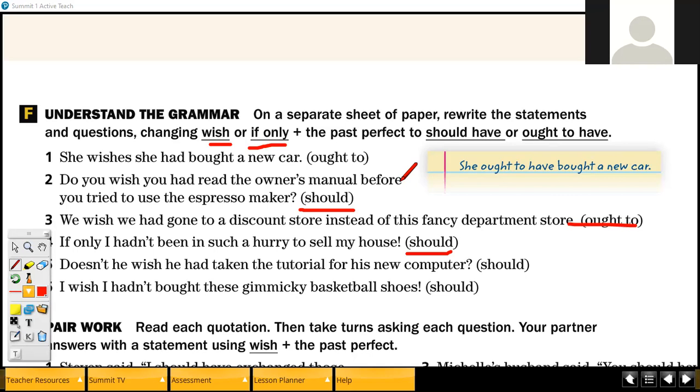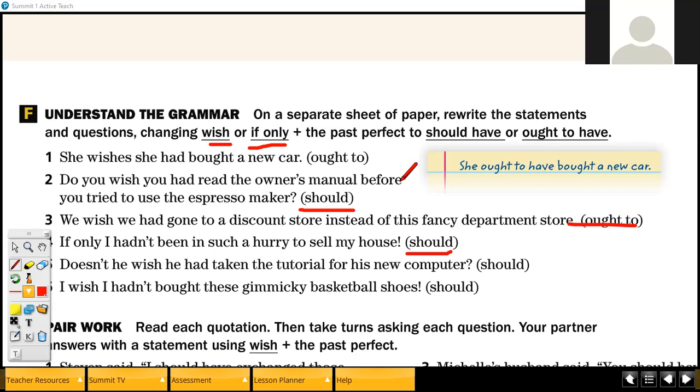No, it's not a question. We ought to go. Remember that we don't use verbs in past participle with that structure. We ought to have gone, because it's ought to have.